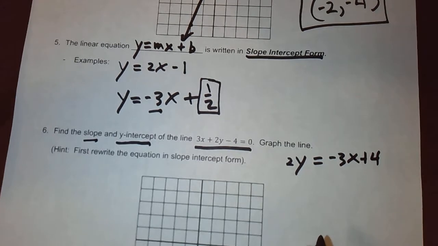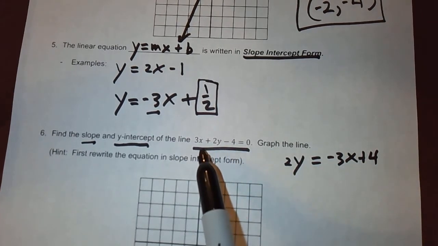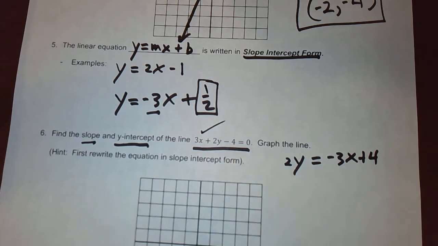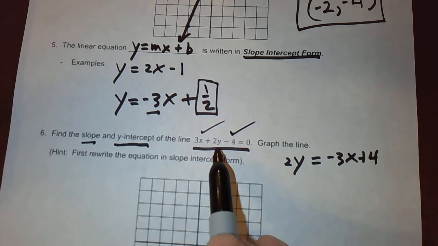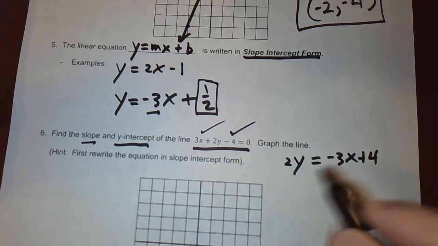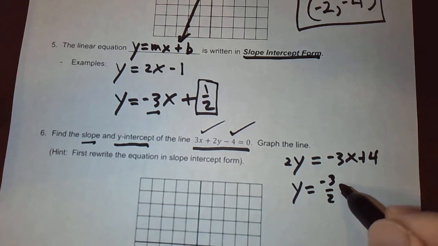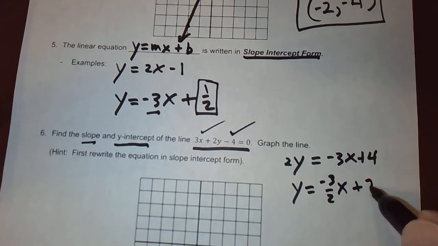Now, I did 2 things in one step here. I subtracted 3x from both sides, and I added 4 to both sides, leaving me with just 2y on the left-hand side. And then divide everything by 2 to get y by itself. y equals negative 3 over 2 x plus 2.